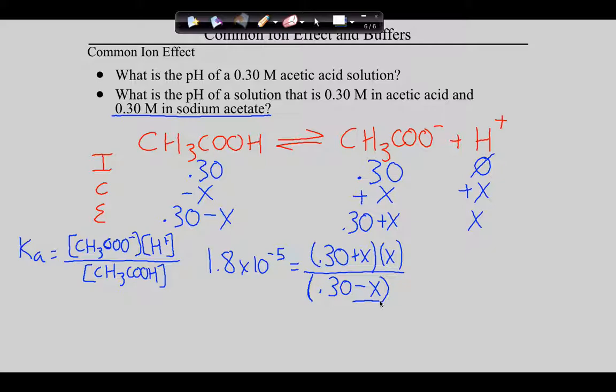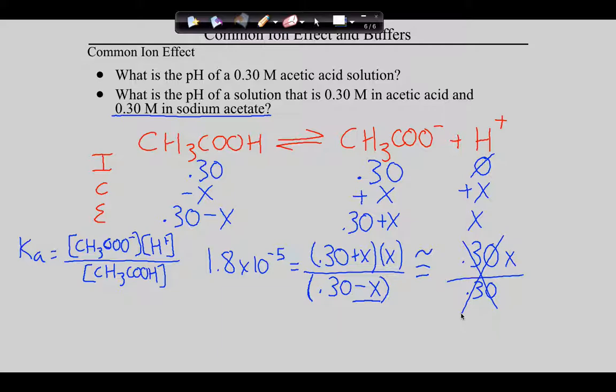Absolutely. So guys, what we do then is we say this is approximately equal to this. We get rid of the plus x and the minus x. But now what happens? The 0.30s cancel.